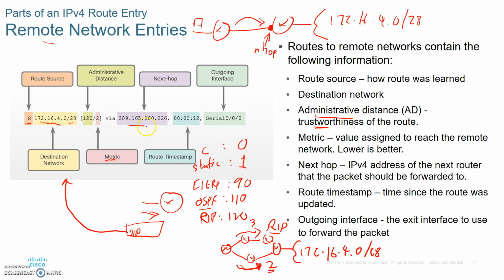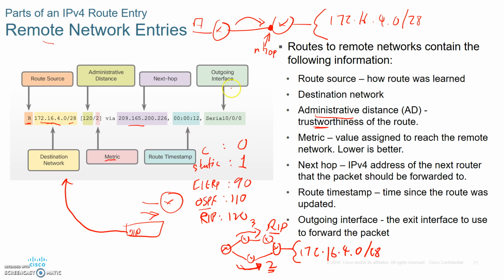The timestamp is how long we have known about this route. The timestamp should be as long as possible. If the timestamp is very short, that means this route keeps appearing and disappearing. If the route is stable, the timestamp should keep increasing, so this should be a good, large value.